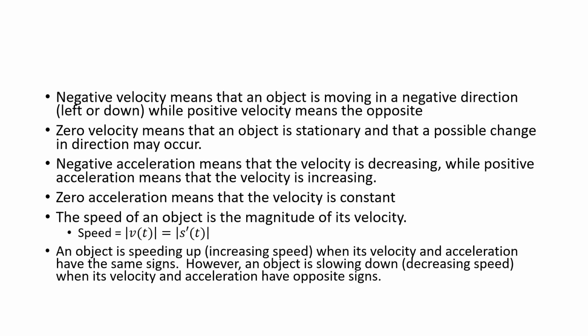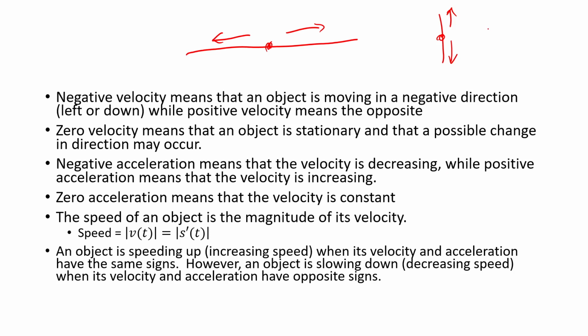Now, negative velocity means an object is moving in a negative direction, which could be left or down. If we're on a horizontal line, we tend to think of left as being negative and right as being positive. If we're on a vertical line, we tend to think of down as being negative and up as being positive. Okay, second bullet point, zero velocity means an object is stationary, but interestingly, that's where change in directions often occur.